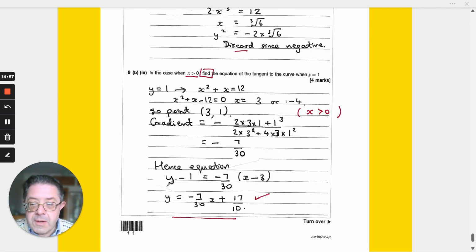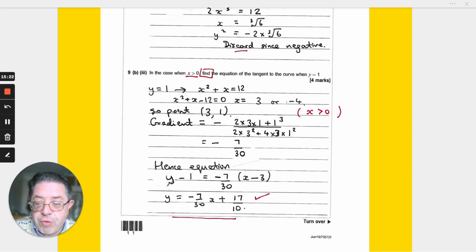The last part. In the case when x is bigger than 0, find the equation of the tangent to the curve when y is 1. Now, if y is 1, I put that into the equation of the curve to find x. That gives me x is 3 or minus 4. We're dealing with a case when x is positive, so it's the point 3, 1.